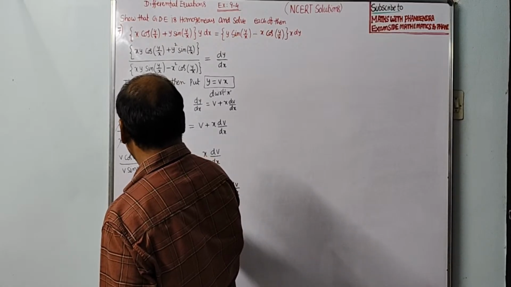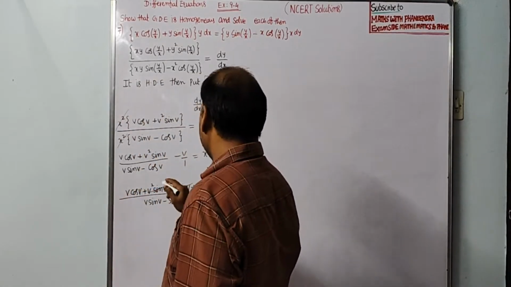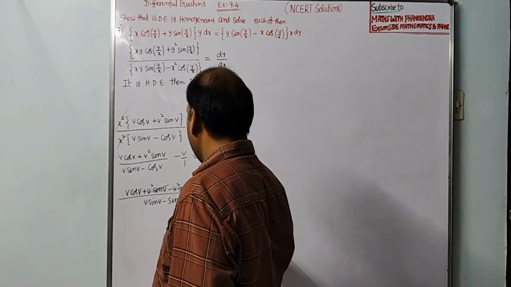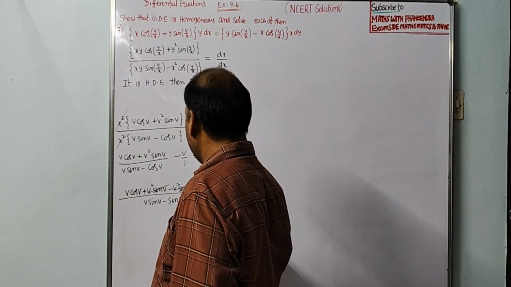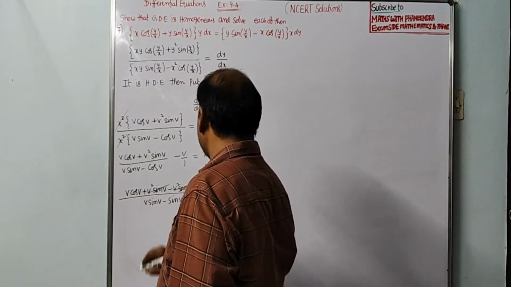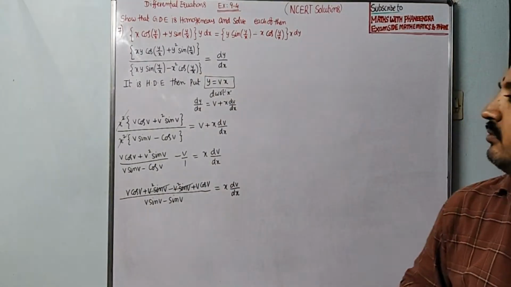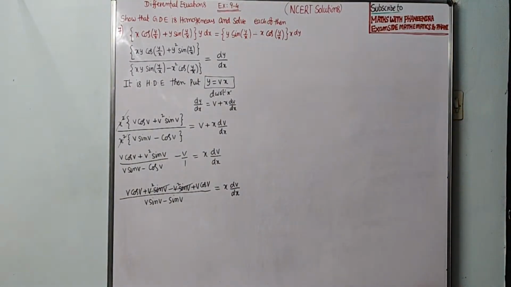Even here also it will be cos. Here plus v cos. Okay, students. See how it will change. It comes as usual like this.